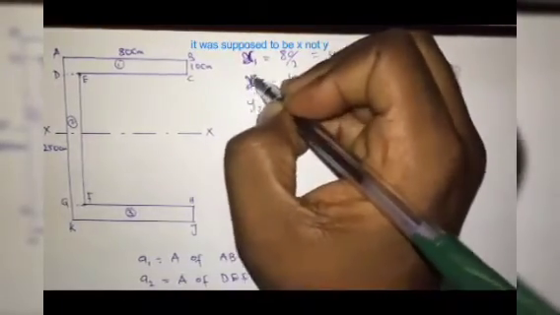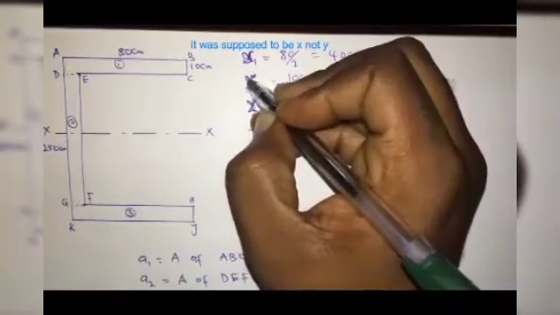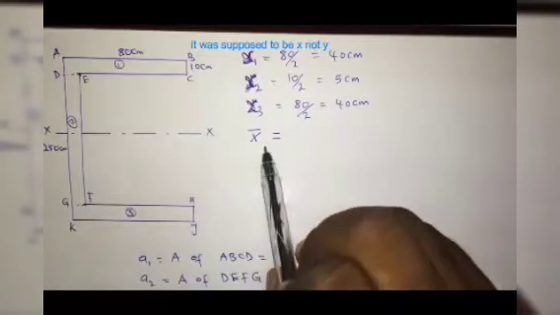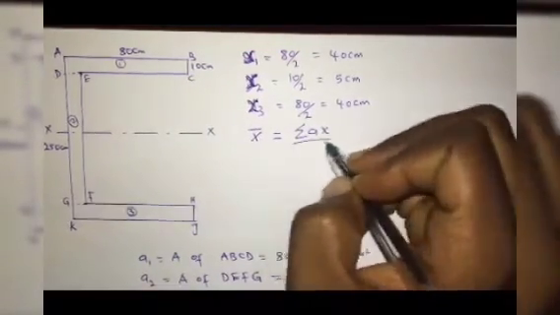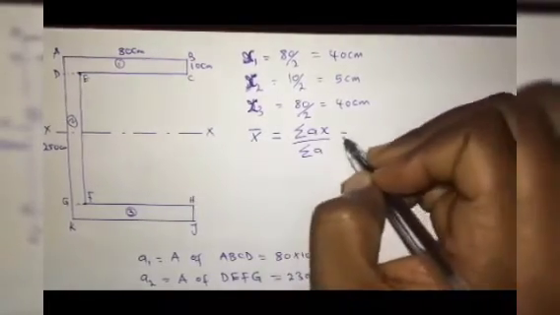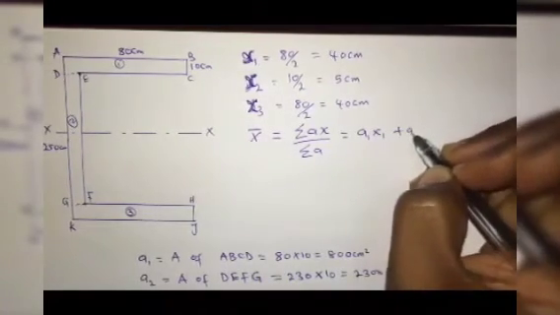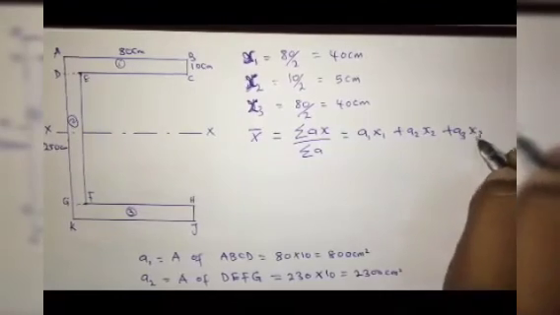Then for x2, which is the rectangle DEFG, it is only 10 cm, so you divide the 10 by 2. Then the third one is the same thing as the first one. So these are the values of x, the distance of the centroid from the reference axis. So we have 40, 5, and 40.